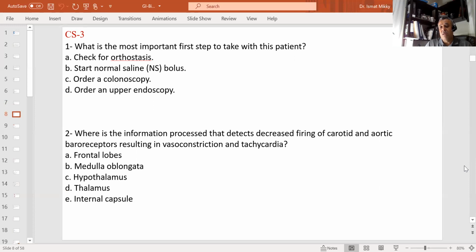So the tachycardia at rest or systolic blood pressure which is less than 100, both indicate the 30% blood volume loss.